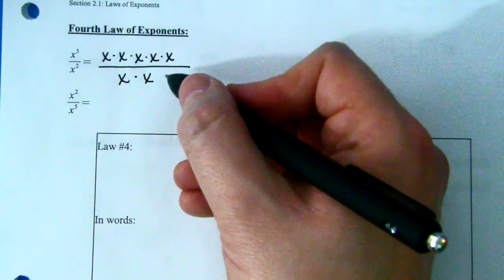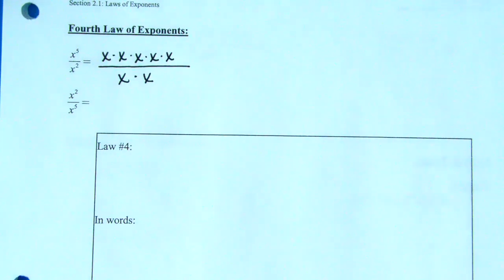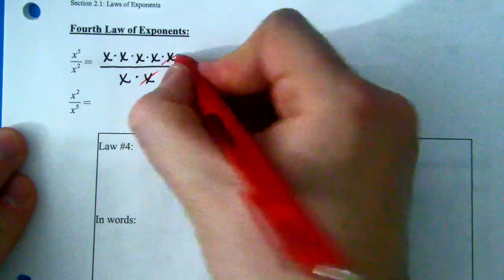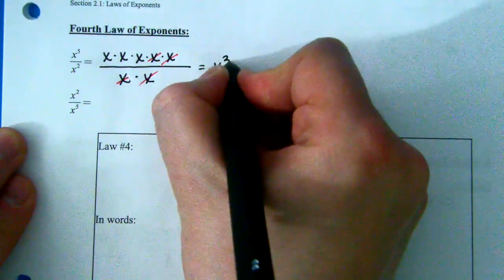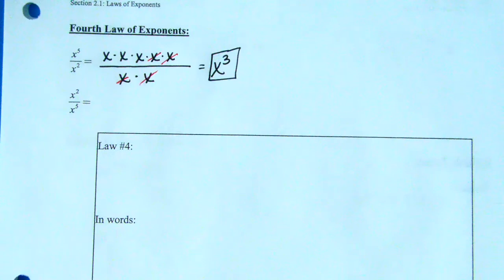What am I allowed to do with some of these x's? I think we can do some canceling here. I think I can cancel an x from the top and an x from the bottom, an x from the top and x from the bottom, I think my answer is just going to be x times x times x. I think it's just going to be x to the third. X to the fifth over x squared is just x to the third.